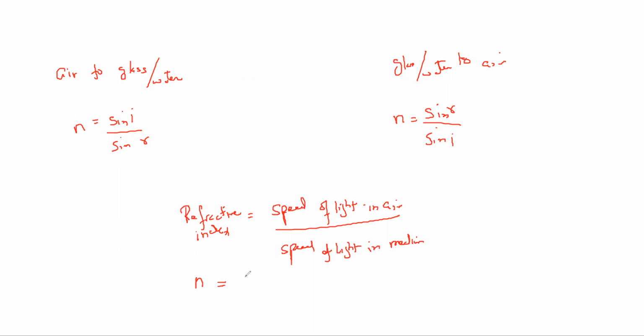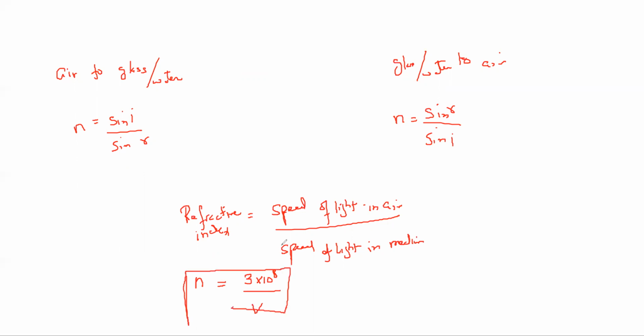The speed of light in air is approximately 3 times 10 to the power 8, that is 300 million meters per second, and the speed of light in a medium is v. So this is the third formula.